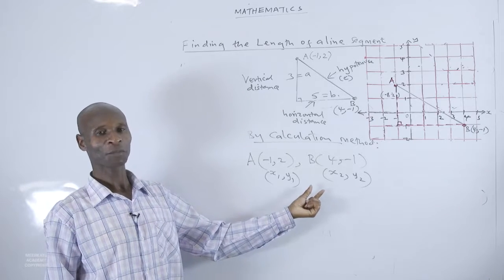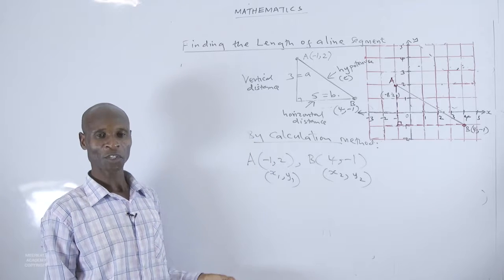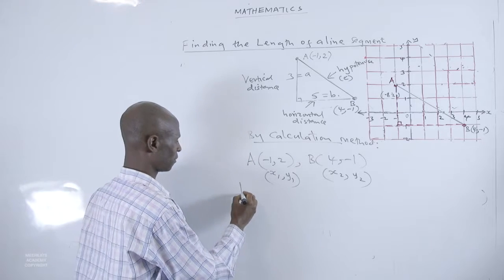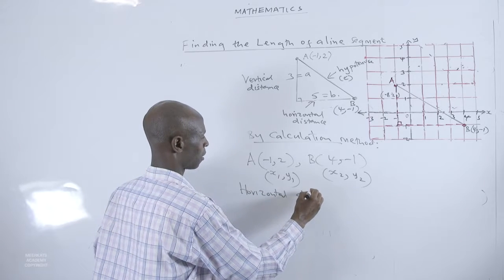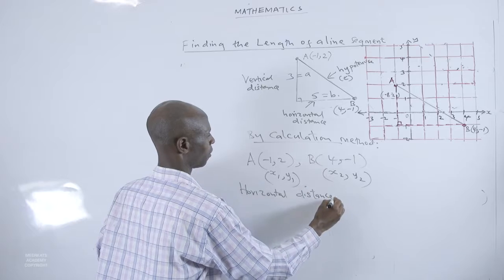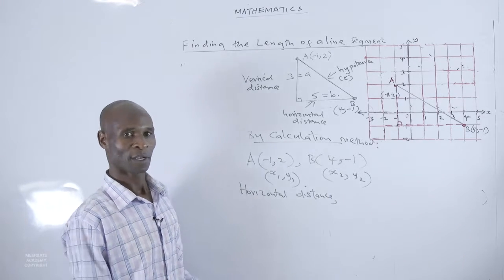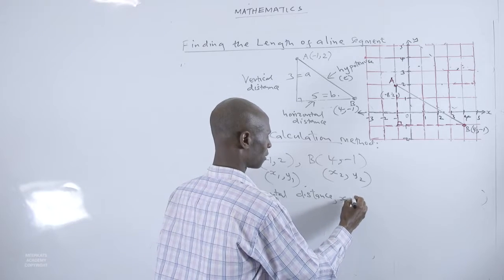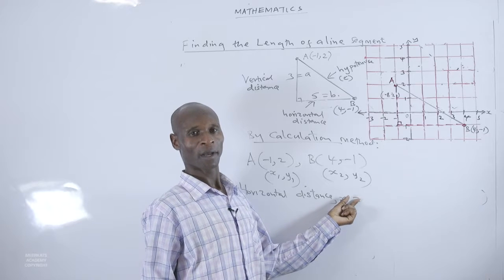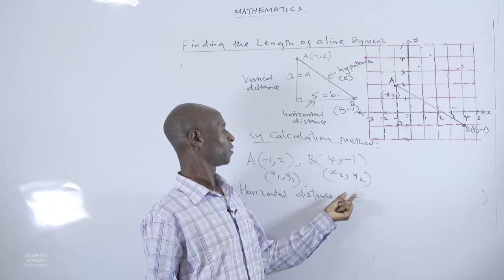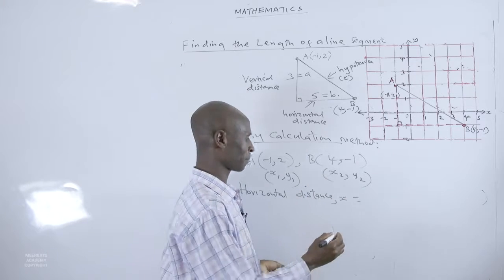Once we have the two, we get the horizontal distance. The horizontal distance, let us call it x, is obtained by taking the upper value for x minus lower value for the endpoints.